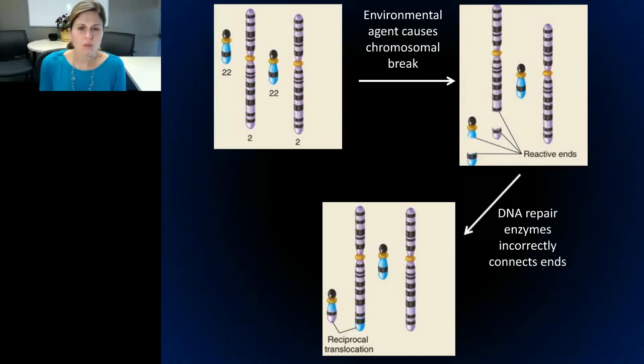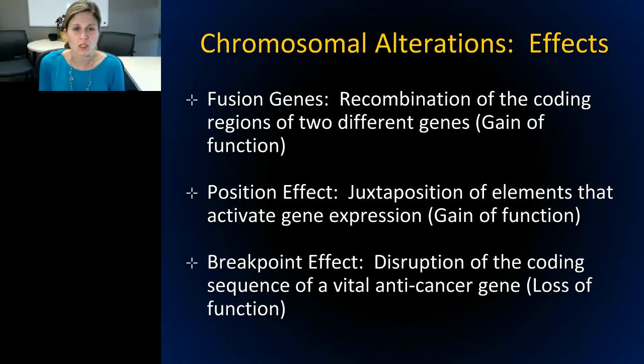And those reactive ends are problematic because if they're not put back on in the exact same position, DNA repair mechanisms can recognize these as just being purely reactive and, oh, we need to fix this. And in doing so, what may happen is we have non-homologous chromosomes with different ends than were originally supposed to be there. The total amount of the genome stays the same, but the gene sequence, the DNA sequence, has now been altered and moved from one chromosome to the next.